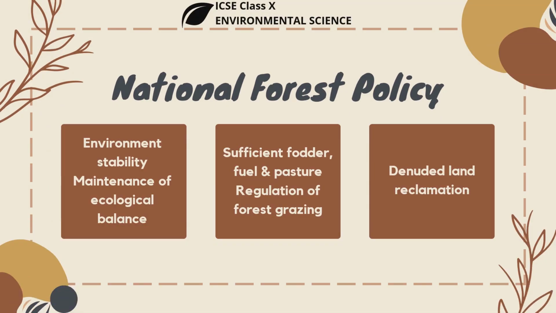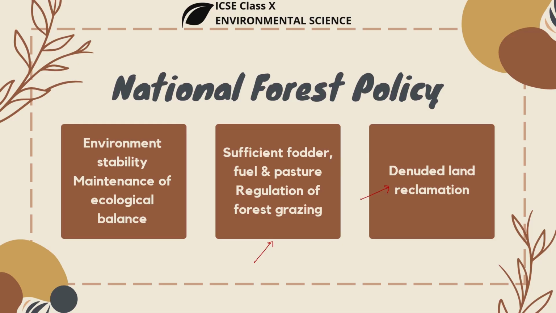In our national forest policy which was given in 1988, there is a specific clause which talks about providing sufficient fodder, fuel and pasture. Why? Because you need to regulate the grazing in forest areas, and you have to involve the community for this. So ensuring that individuals or institutions get motivated to undertake tree farming or fodder plants or grasses in the degraded land or the denuded land.